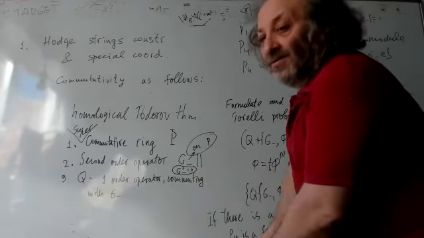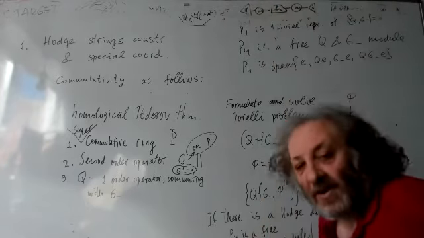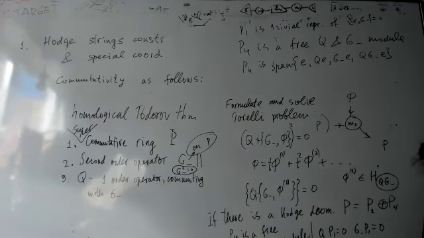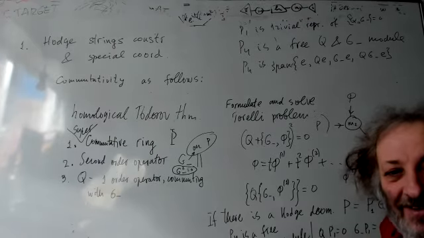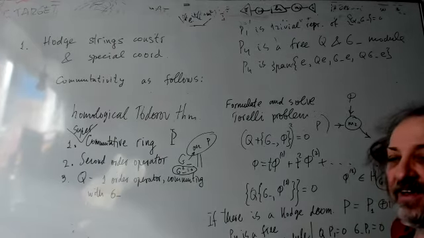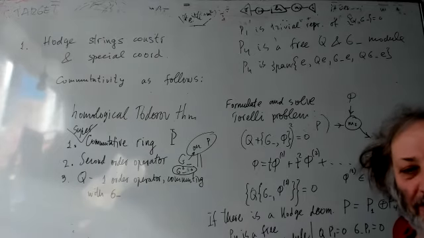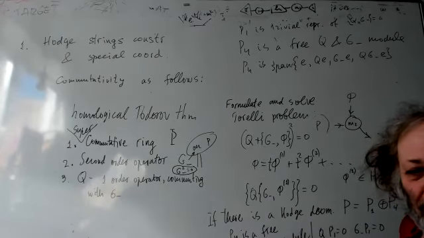In general, we can have more complicated representations, but we assume that only these representations are present. And this is equivalent to complex Hodge. Do you understand this? It's equivalent to complex Hodge.